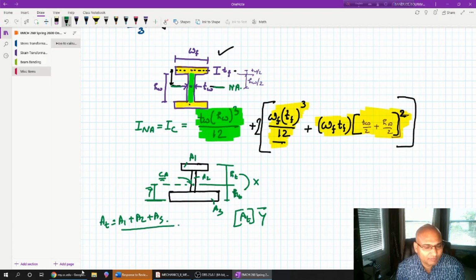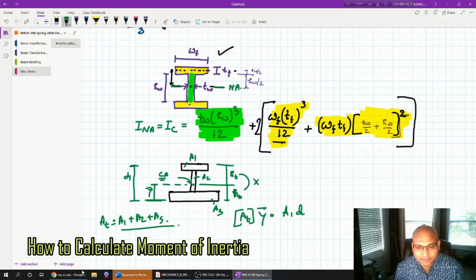These are actually covered in statics class, so I'm just going to quickly go over this part. AT into y prime will be equal to A1, the area, times how far this CG is from here to here, let's say the distance D1. Plus, let's say, the center of area of A2 is at a distance of D2 from the same axis.